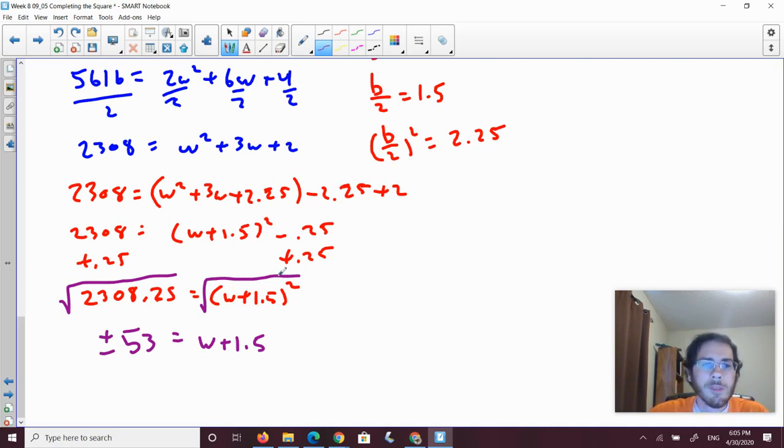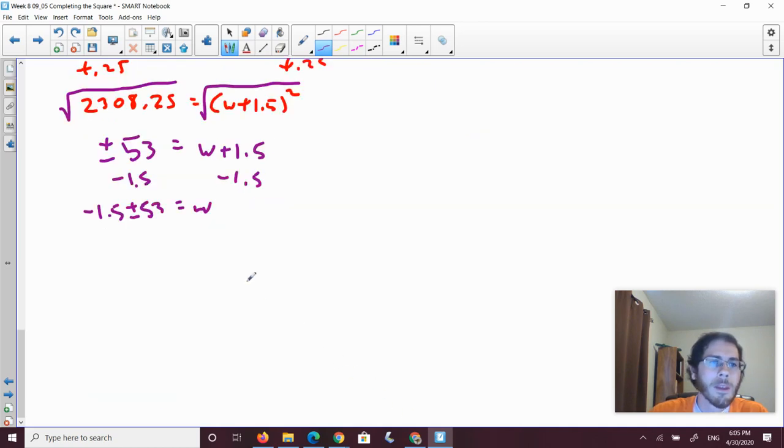So this doesn't make it too bad, because we can subtract 1.5 again, and get negative 1.5 plus or minus 53 equals w. So that's going to give us negative 54.5, and we know we don't want the negative one, but it's good to see it. And then 51.5, if I add those.